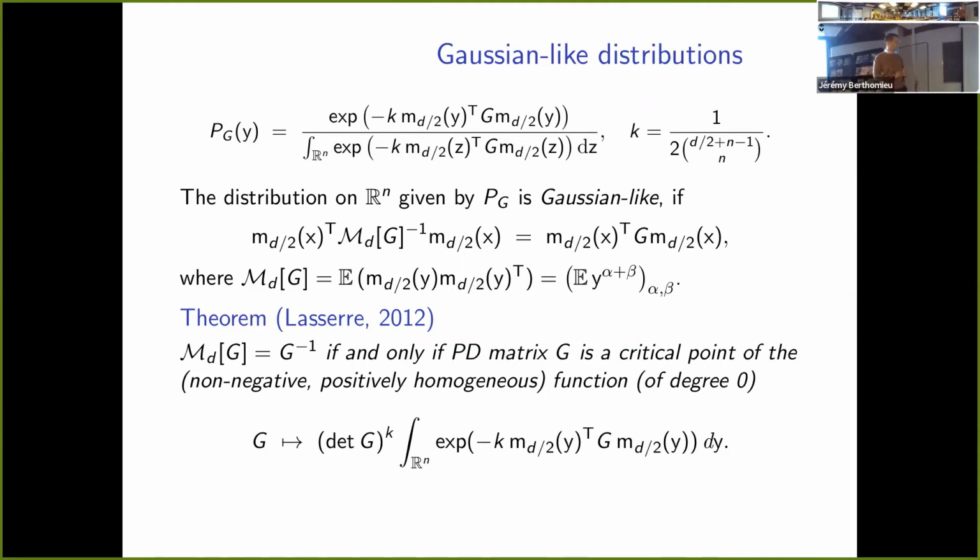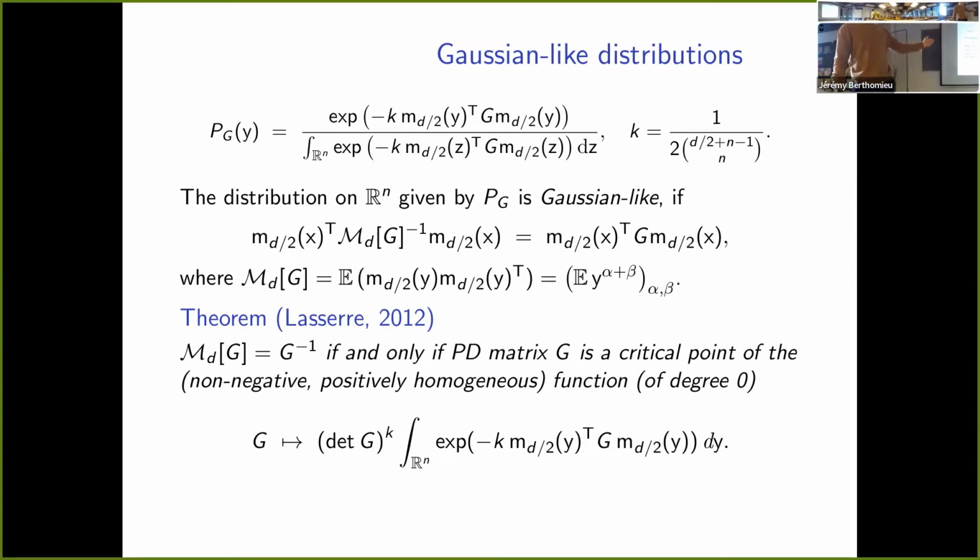If we take this function that associates to each G, this K-th power of the determinant times the mass of this exponential density, then its critical points are exactly those G that correspond to Gaussian-like distributions.